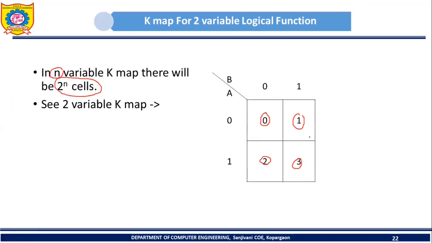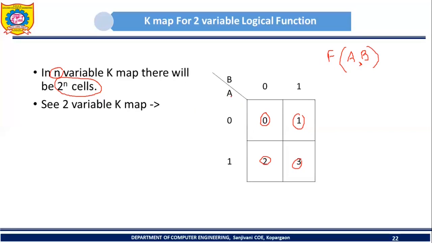Now let's try to understand the format of this 2 variable K-map. Which are the 2 variables? Let's assume those 2 variables are A and B. Here I am assuming that A is MSB and B is LSB.